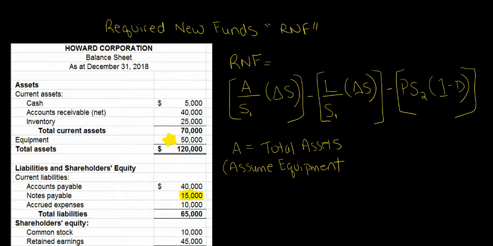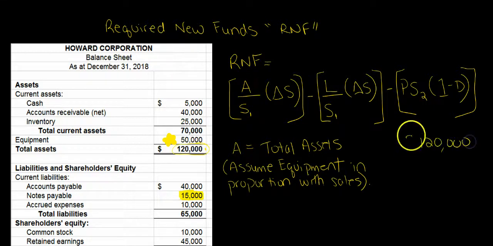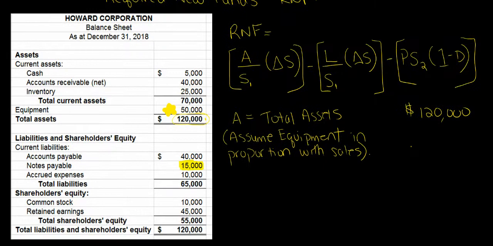We're going to change that assumption in the next one that we do. Okay, so assume equipment is in proportion with sales. Okay, and so then the A in the formula is the 120,000. So that's our total assets.